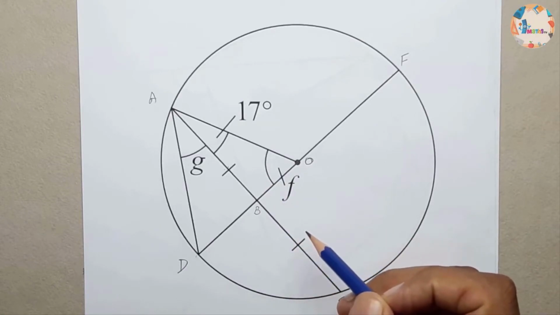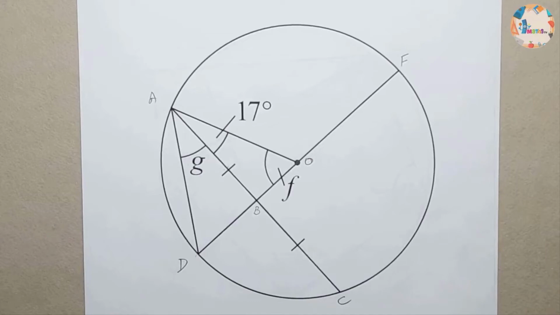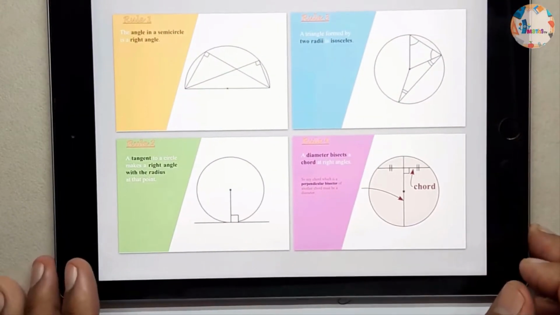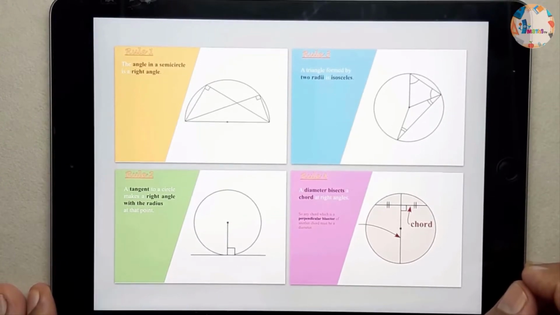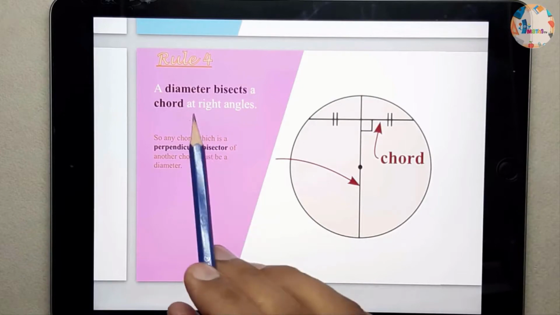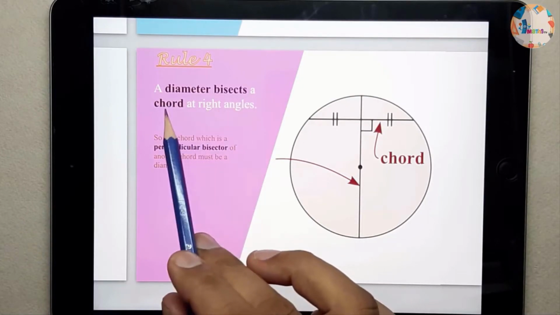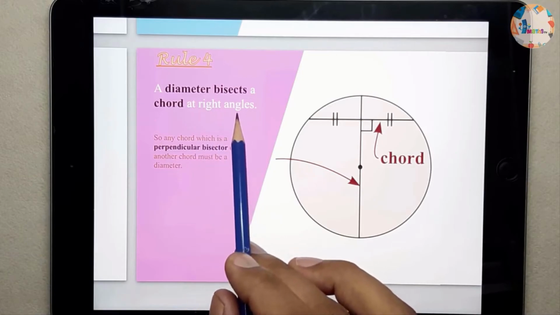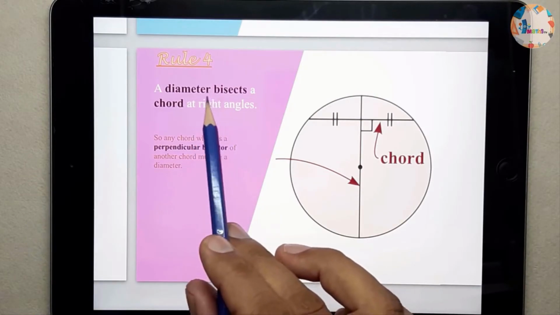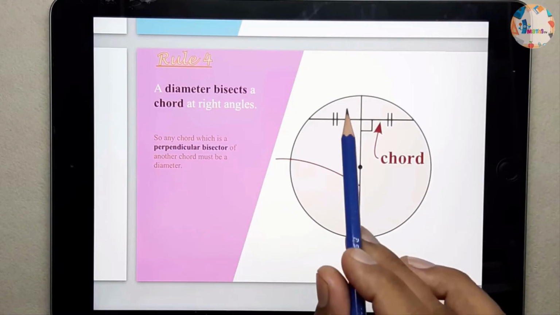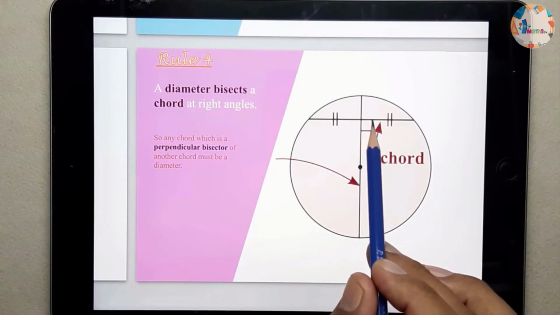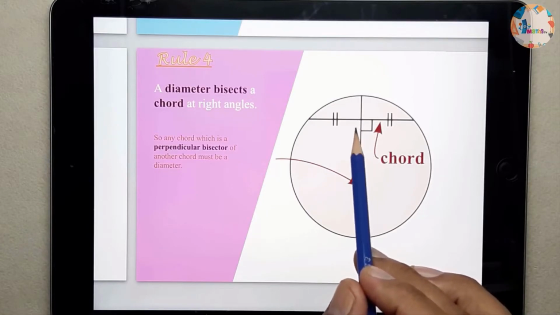If we go through that rule, it says a diameter bisects a chord at right angles. So if the diameter is bisecting a chord, it will be making 90 degree angles.